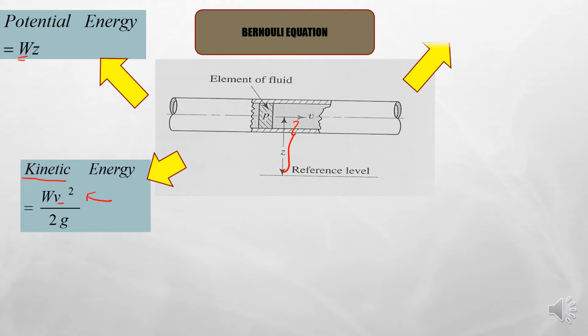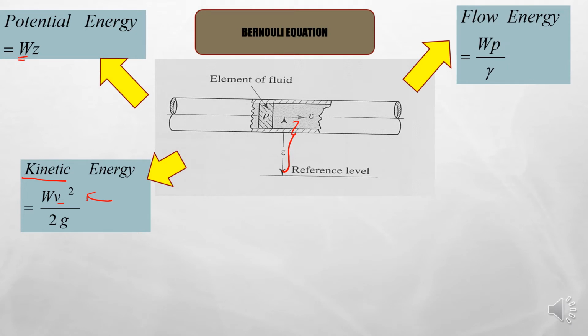And the next one is flow energy. So what do we mean by flow energy? Flow energy considers the amount of work to move the fluid from a certain point, and how much energy is needed to move the liquid when it faces a certain amount of pressure.